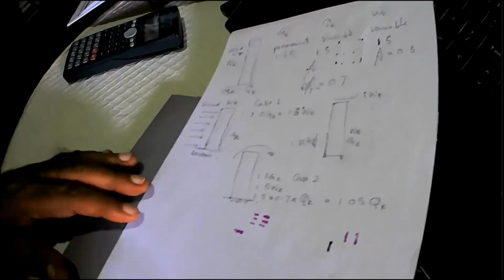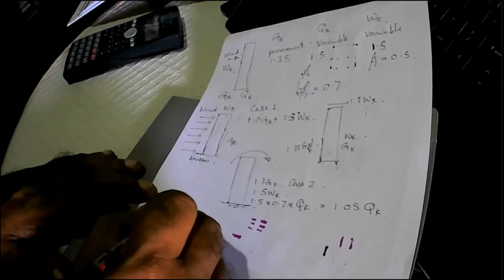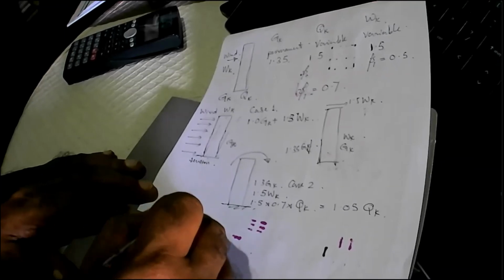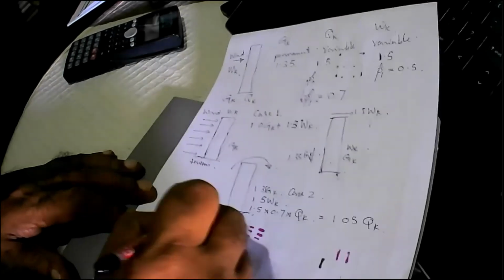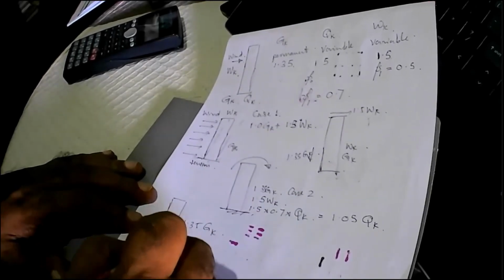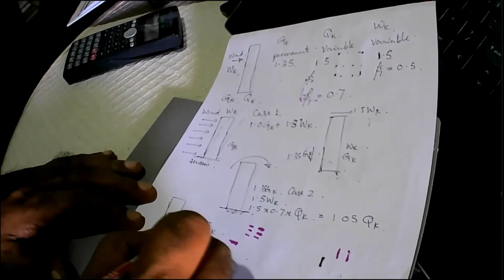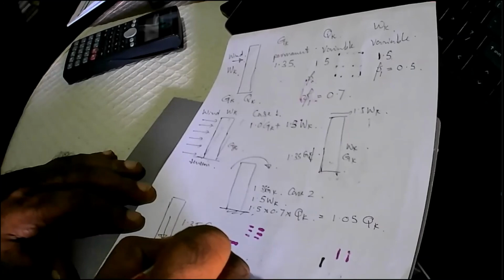And then, we can go to the other direction. That is 1.35 GK, and the vertical loads also will have 1.5 times QK.